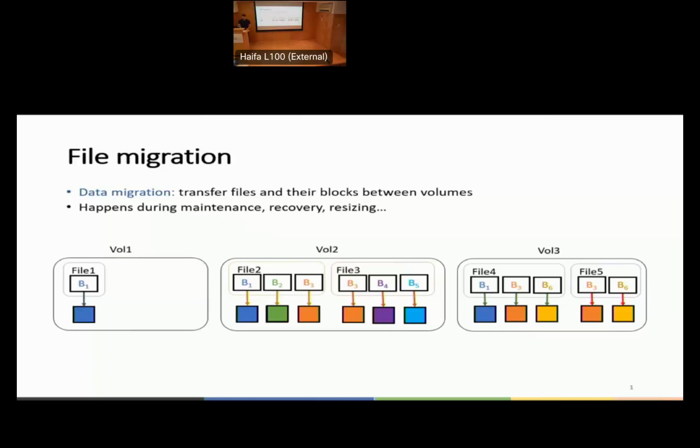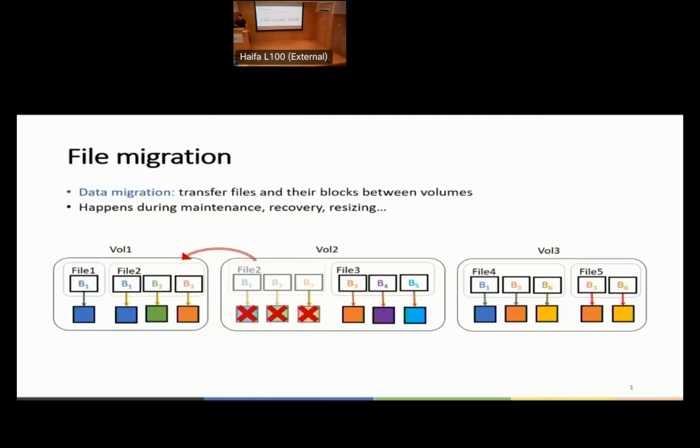For example, if we want to transfer file 2 from volume 2 to volume 1, we basically move its metadata along with its blocks. So B1, B2 and B3, the three blocks, will be moved into volume 1.